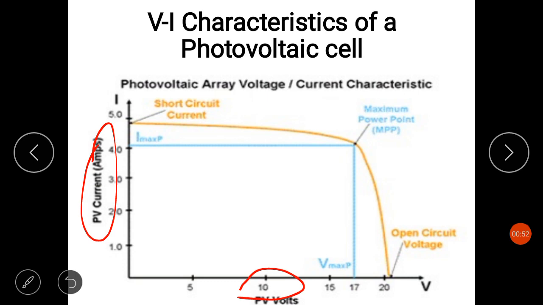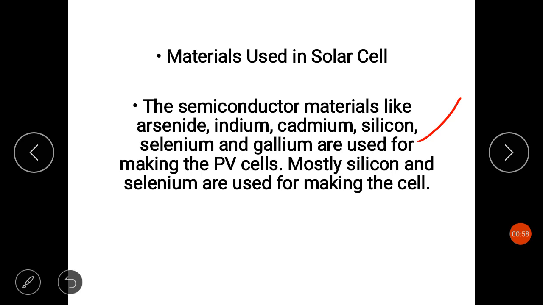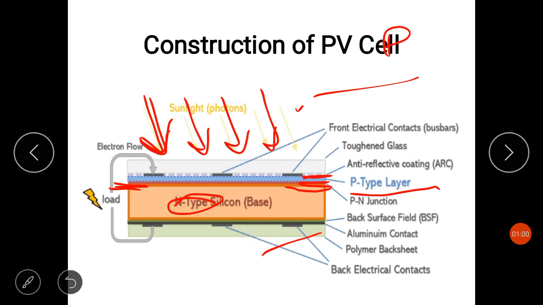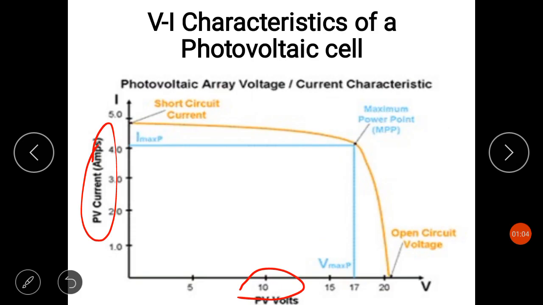With the solar cell open circuited, that is not connected to any load, like in this picture, when there is no wire connected to this photovoltaic cell, we can say the solar cell is open circuited. With the solar cell open circuited, the current will be at its minimum and the voltage across the cell is at its maximum, at this point.